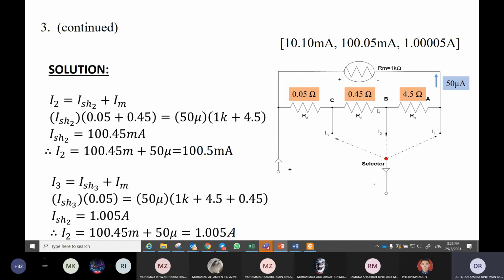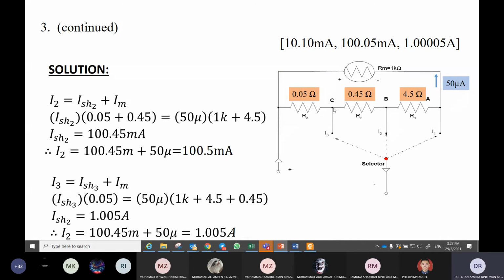I shunt 2 is the current flowing here, multiply with 0.05 plus 0.45, equal to the voltage drop across this path. This path consists of 1K plus 4.5. This is IM. And then we get I shunt 2, so I2 is equal to I shunt 2 plus IM.